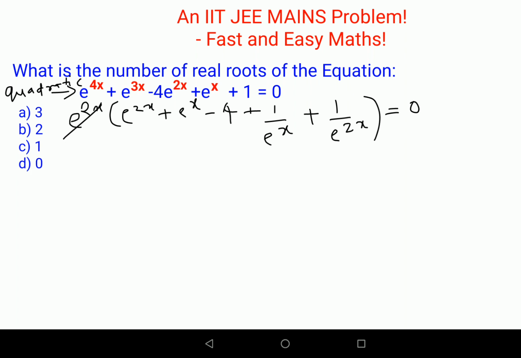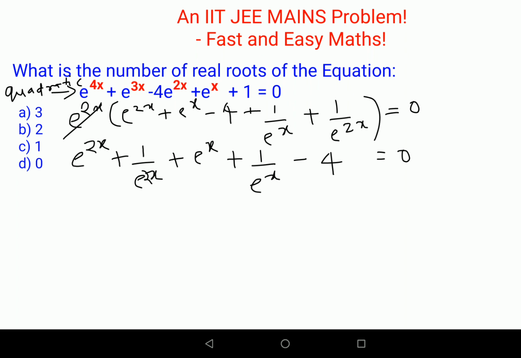Now let's club e raised to 2x plus 1 upon e raised to 2x, plus e raised to x plus 1 upon e raised to x, minus 4 equals 0.